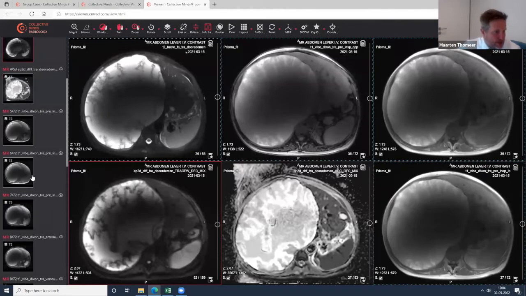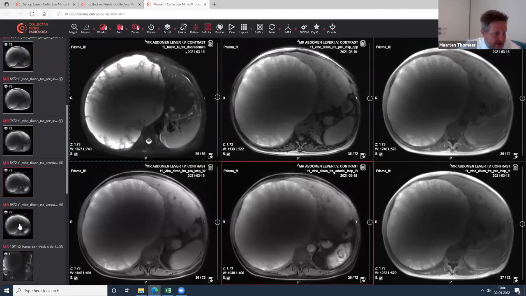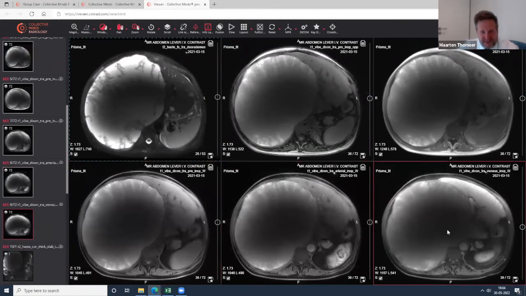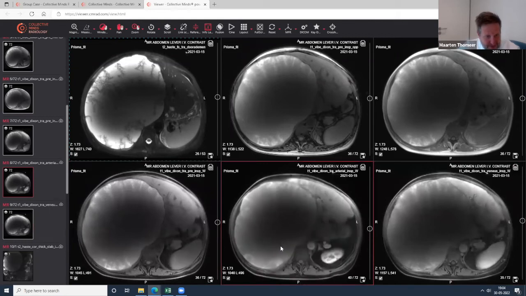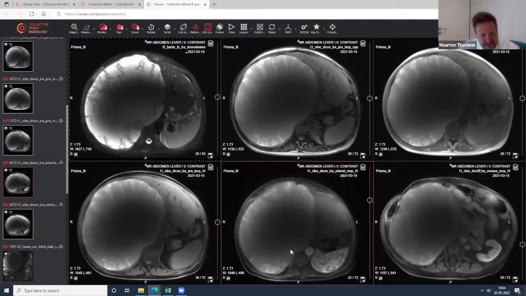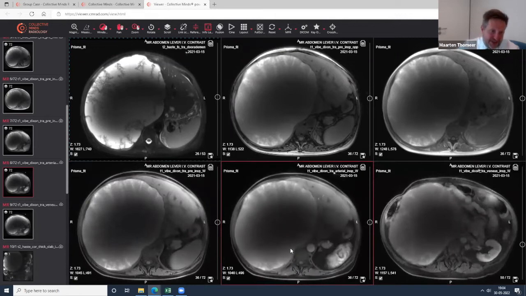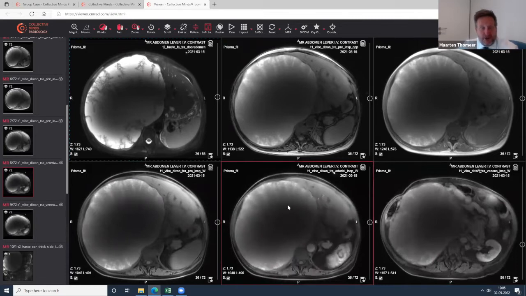And now the most important thing, if you have a cyst, is to look if there are enhancing parts in it. It's very difficult to evaluate, but I have the impression that there is no enhancing part in the cyst. So my diagnosis would be a bleeding cyst, an uncomplicated bleeding cyst. It's not the image of a cystadenoma.